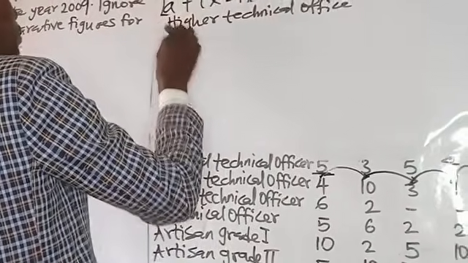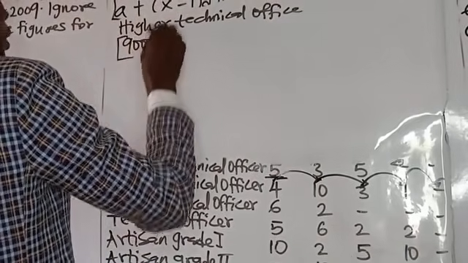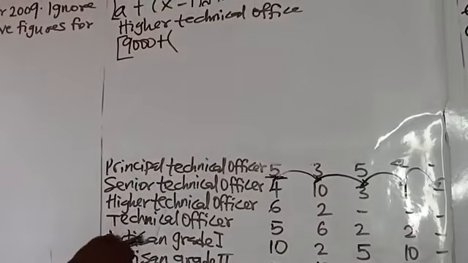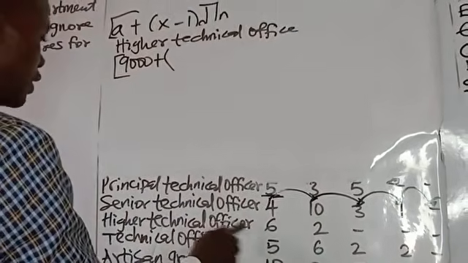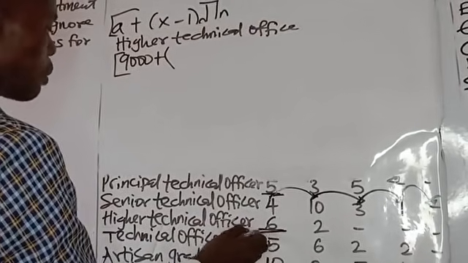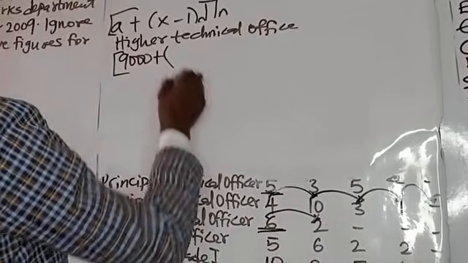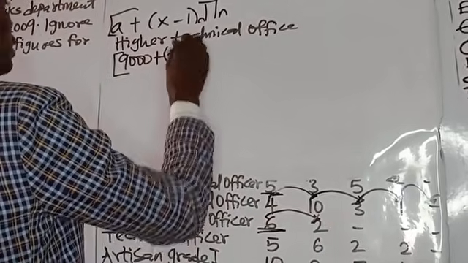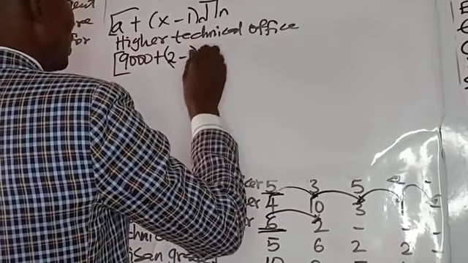So 9,000 plus, what is their step, salary step? That is higher technical officer. 6 were in step 1, who will now move to step 2. So step 2 now, 2 minus 1 into increment of 720.